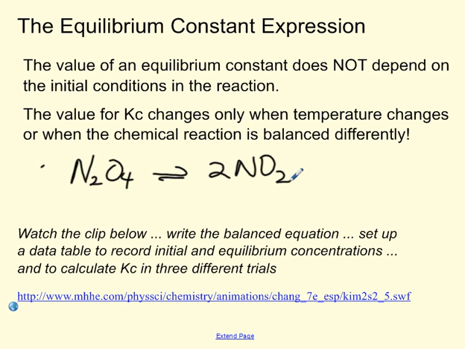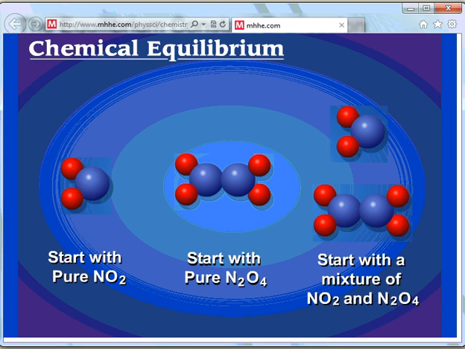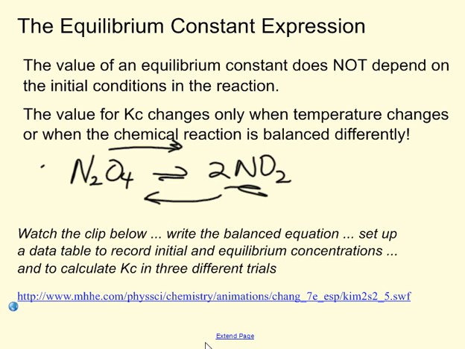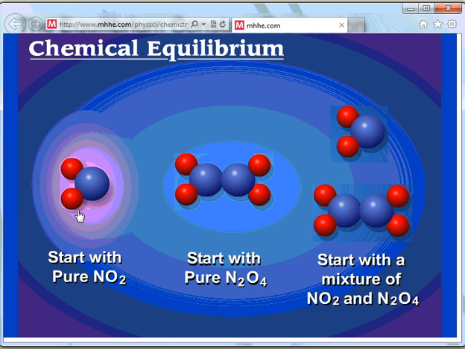So if we're going to put NO2 in the flask, then we're starting with the NO2 and the reaction has to go in the reverse direction. In the second experiment, we'll start with just N2O4. The reaction will have to go in the forward direction. In the third experiment, we'll start with both of the substances, and we will see when we look at the reaction the direction that it proceeds. So now let's jump in and start the reaction.